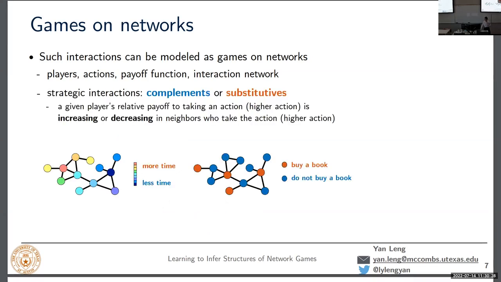Again, there are the two types of relationship I just talked about. The difference between complement and substitutive relationships is whether a given player's relative payoff in taking an action is increasing or decreasing in the level of their neighbors' actions. So as an outcome, you would see either a more homophilous graph in terms of action or a more heterophilous graph in terms of action.